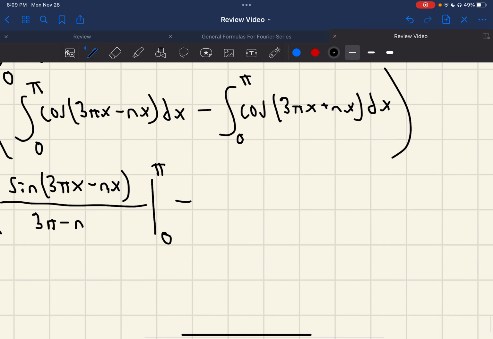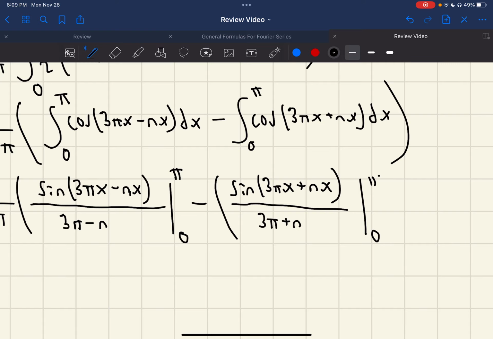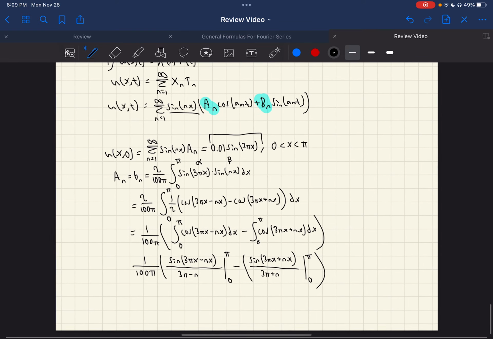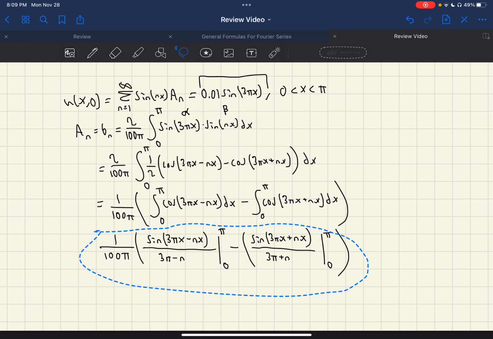And now we do the other integral. So minus, and I'll put that in parentheses to make it a little more legible. Our numerator is very similar, we just have plus nx instead of minus nx. This time our denominator is 3 pi plus n, from 0 to pi. I'm running out of space, so I'll bring this to the next page.